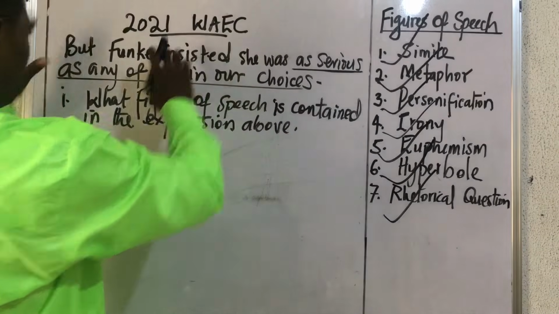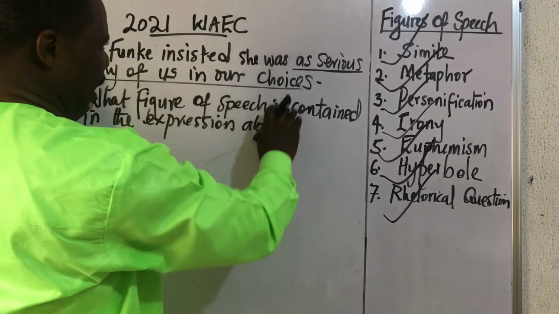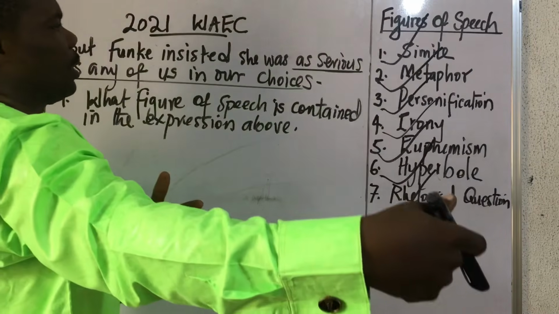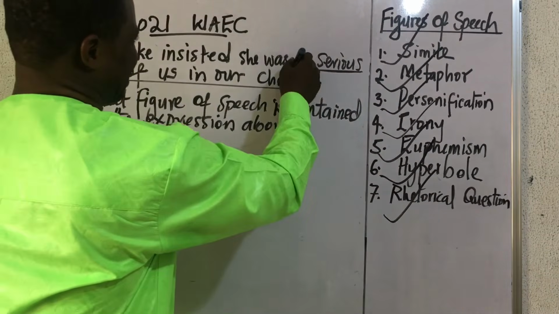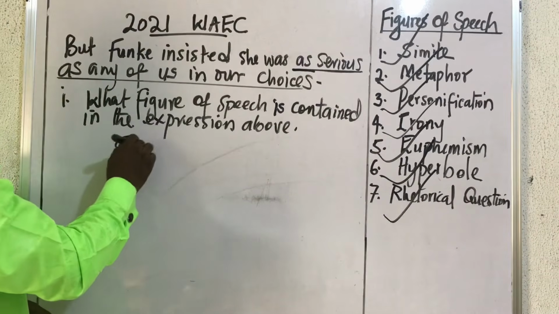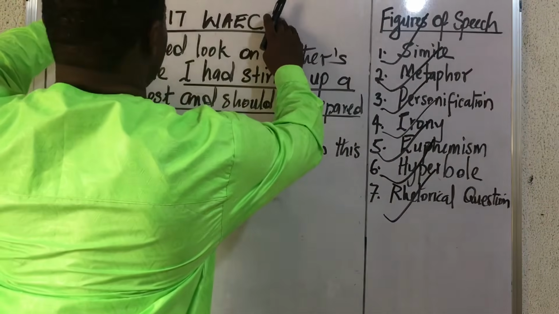So I've brought it here for our consideration. As serious as any of us in our class is a comparison between Funke and probably her classmates. So the use of as for comparison here indicates that this expression is simile. And that's that.